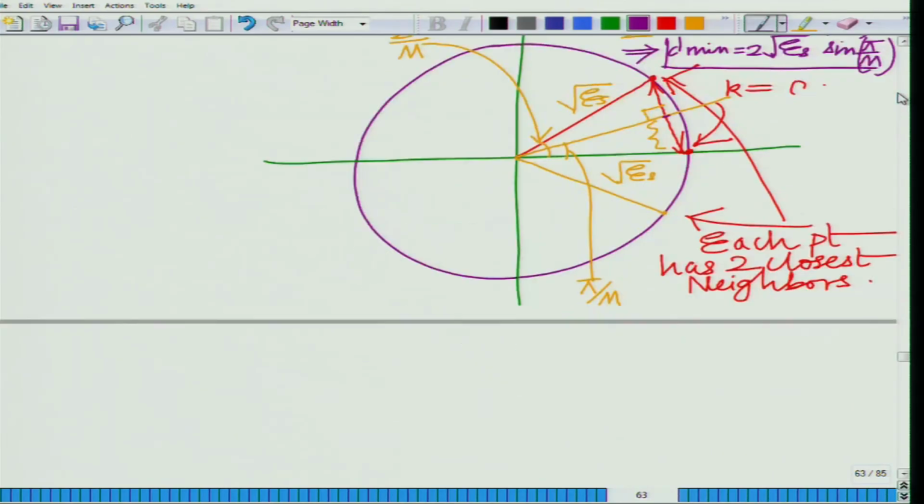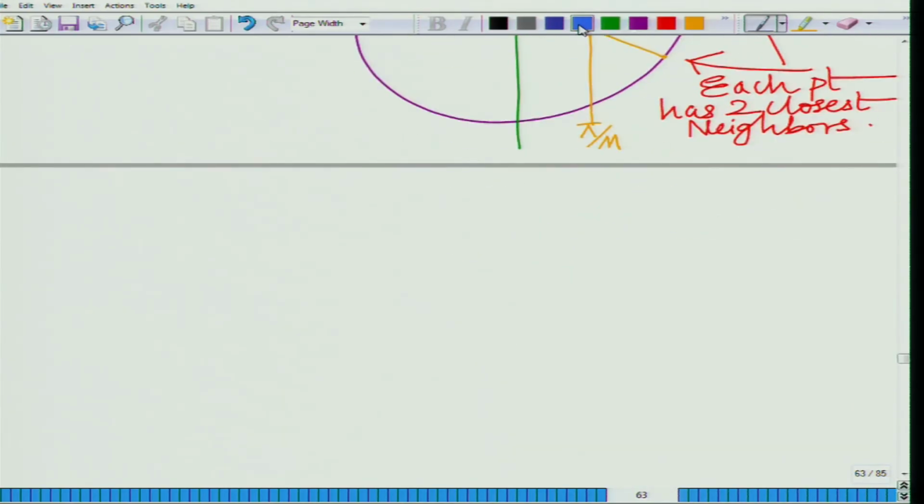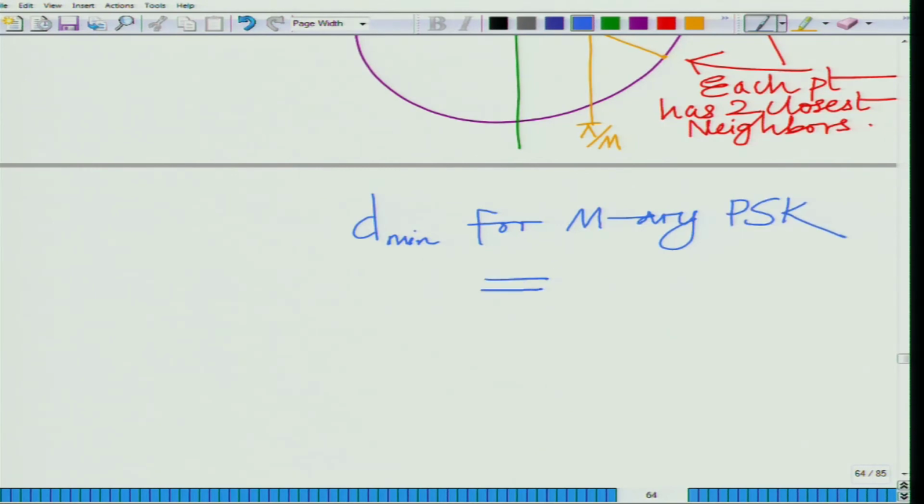So, d min for M-ary PSK, and you can check this, equals 2 square root Es sine pi by M.